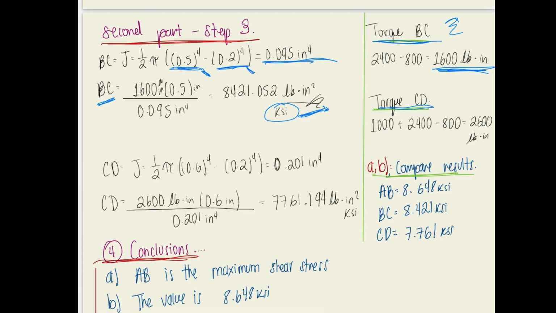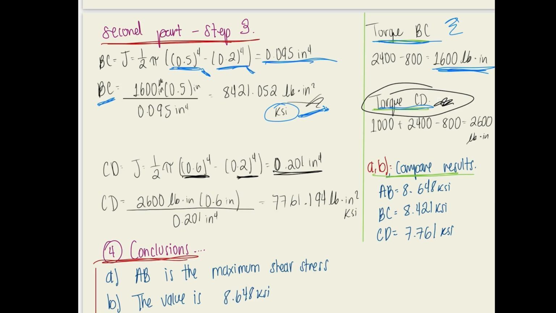But so as not to confuse, we're gonna mark all this data in black. You can notice we calculate the torque in C and D in the same way that we calculated the torque in B and C. We substitute exterior radius, interior radius, and that gives us a result of 0.201 inches to the fourth power.